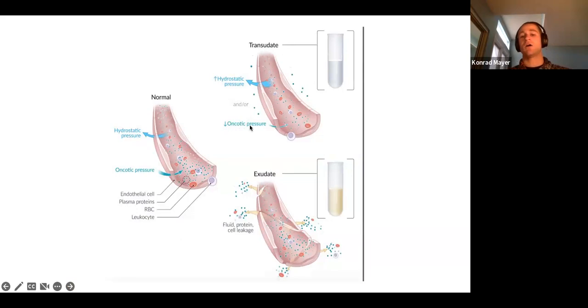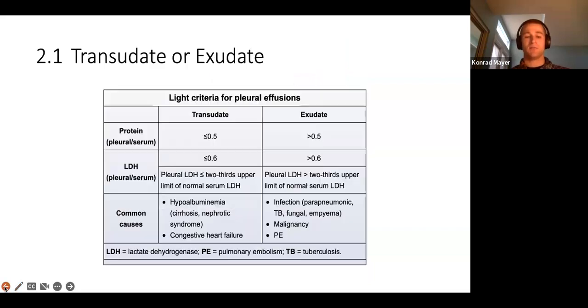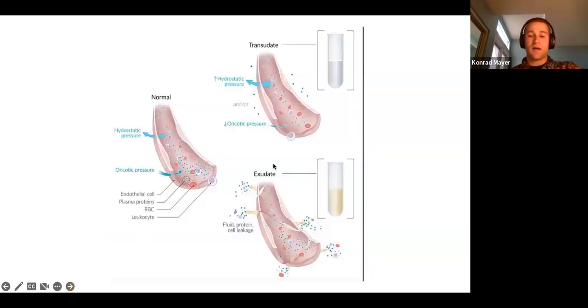The decreased oncotic pressure is what on the previous slide was hypoalbuminemia, which results from cirrhosis, where the liver produces albumin, or nephrotic syndrome, which is when we have proteinuria. So if we have nephrotic syndrome or cirrhosis, it decreases our oncotic pressure.